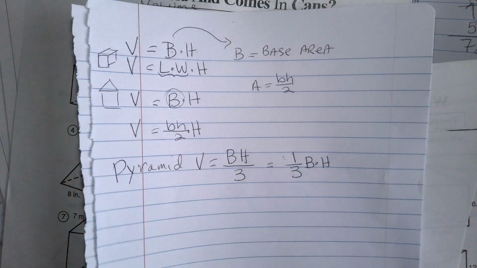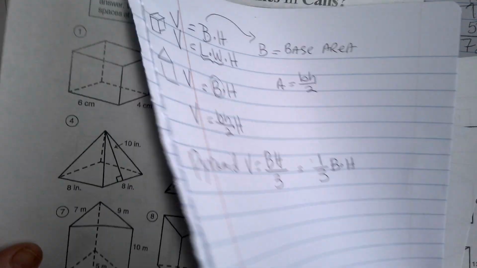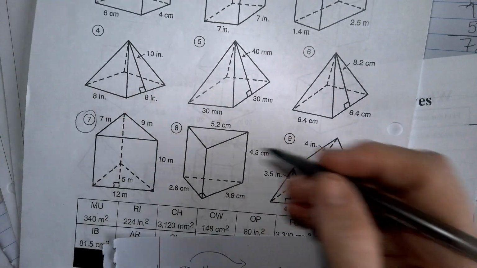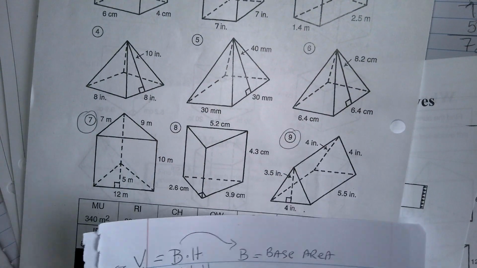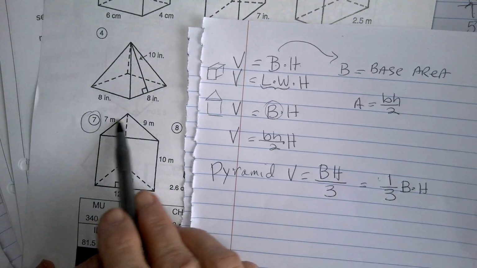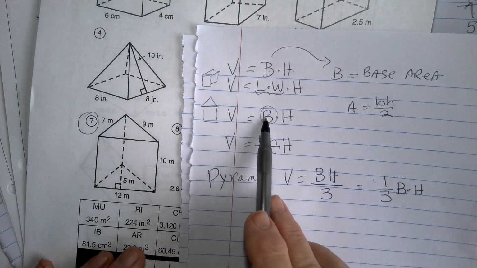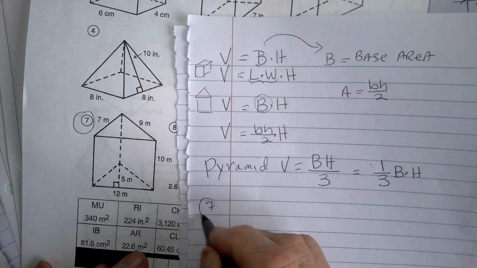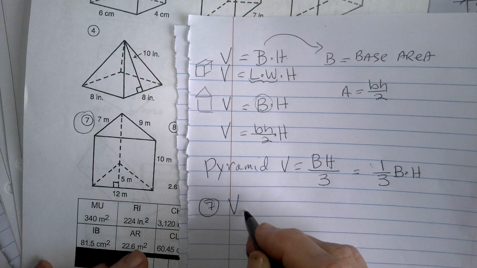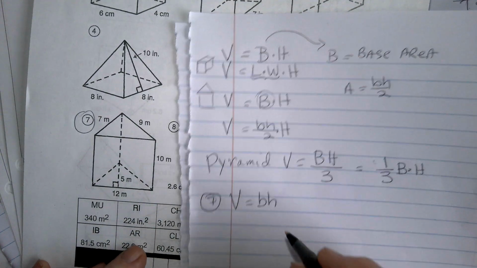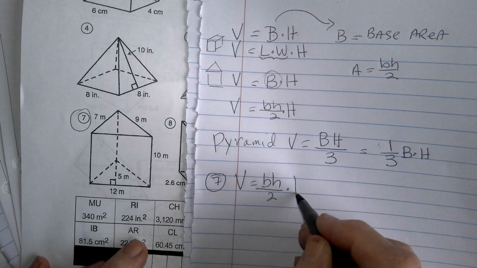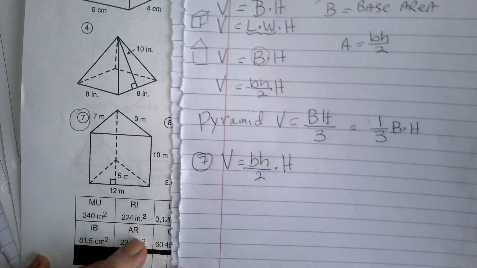So let's go ahead and get started. In fact, we're going to do this one, the triangular one, and this one. On number 7, it's a triangular prism. So I need to exchange that B for this. On number 7, I want you to put your formula down first. Its volume is equal to base times height divided by 2 of my triangular base times the height of the whole prism.